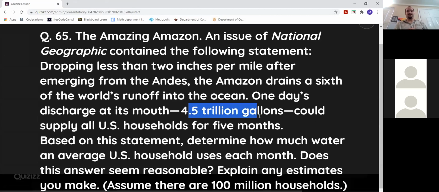We have 4.5 trillion gallons. And that's enough for 5 months. How about each month is what this is asking. So if there are 4.5 trillion gallons, and we're dividing that into 5 months, and we're dividing that into 100 million households.